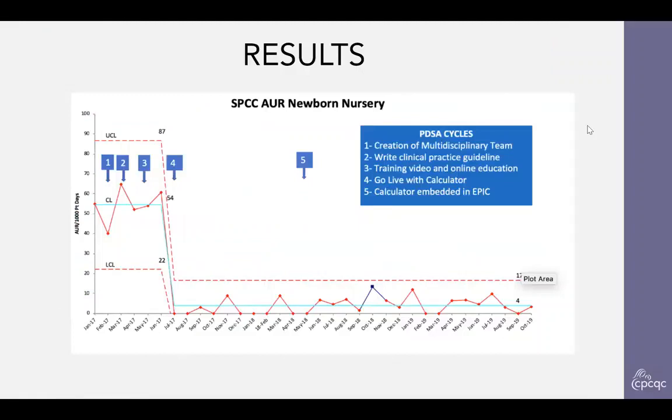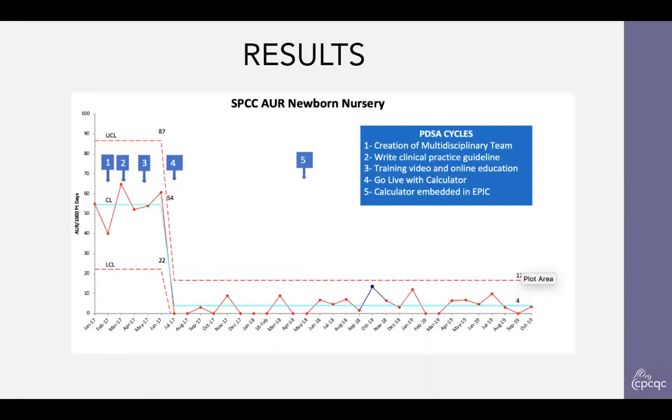This is not unlike what Melda presented, but this is our results page. PDA cycle number 4 is the point at which we implemented the use of the calculator. And you can see that prior to that, there was very high variability in our antibiotic use rate.